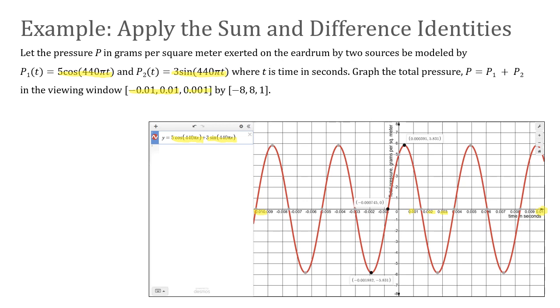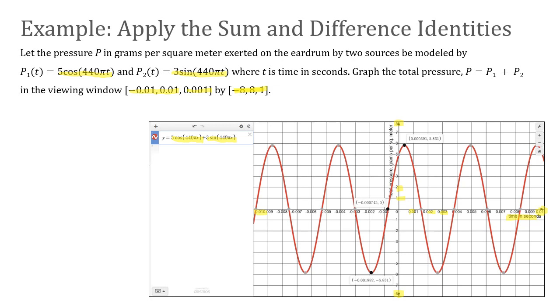So each one of those steps along the axes is 0.001. On the y-axis, or in this case, I guess it wasn't an x-axis, was it? It was a t-axis that stood for time in seconds. Along my vertical axis, it said to go from negative 8 to positive 8 and to jump by ones. All right, so that's what that means.